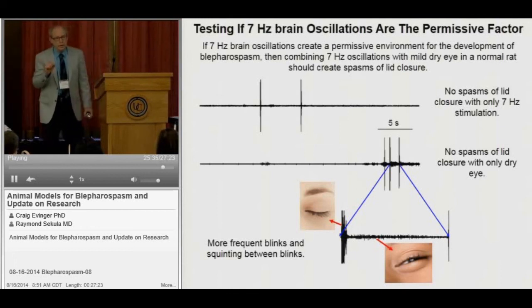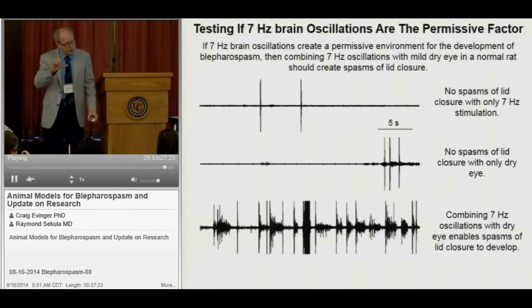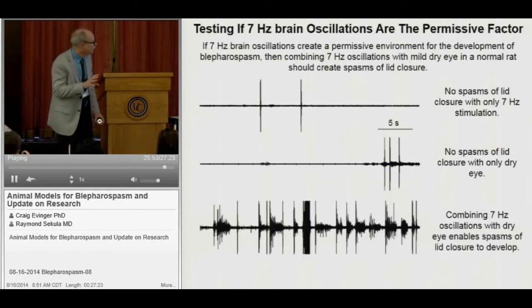Now the question is, what happens when we combine the 7 hertz deep brain stimulation all the time with the dry eye condition, this mild dry eye condition? And what you get are these spasms of lid closure. Okay? You don't get it by either one by themselves, but only with the two.